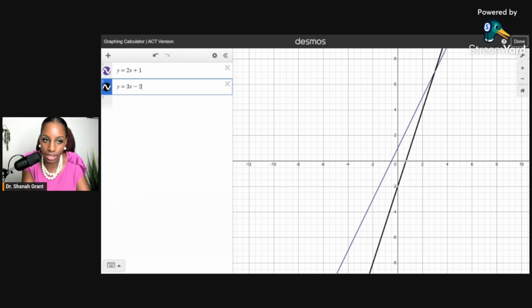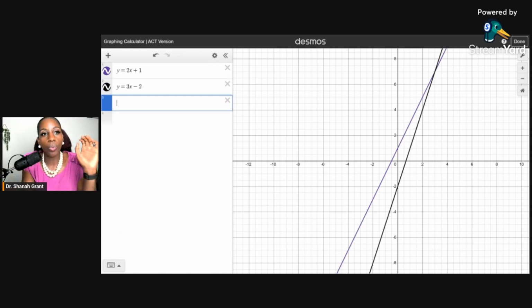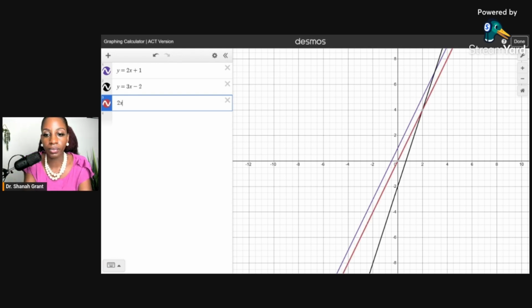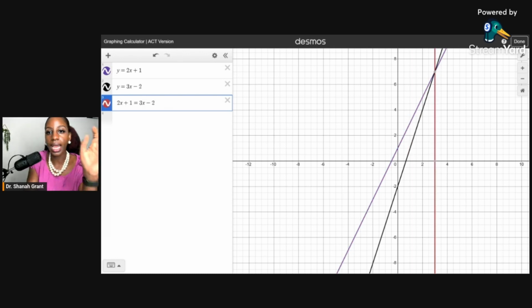That's really what the question is asking. So I can literally do 2x plus 1 is equal to 3x minus 2. And if I come here, I can see that my x value is going to be 3. So that means c is 3.